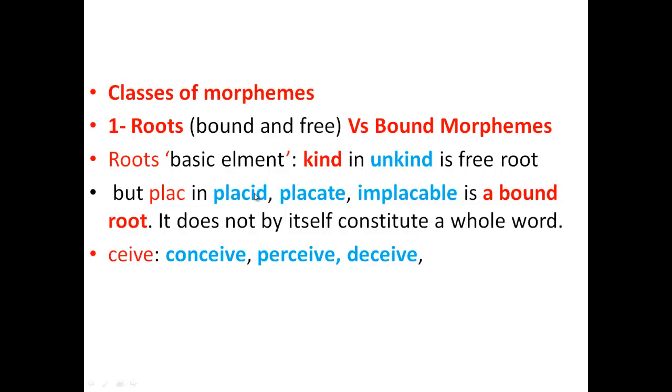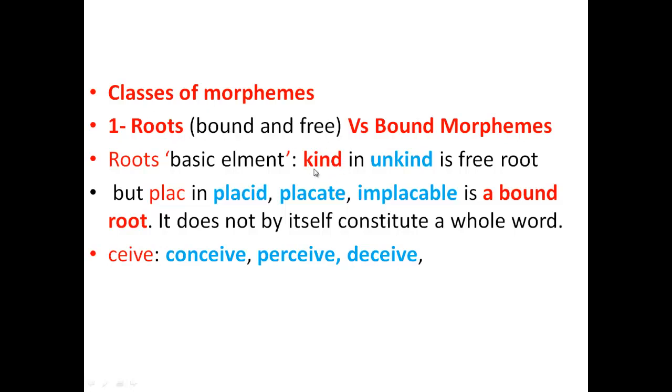But what about placid, implacable? In all these, we have got the root plac here. But does it stand on its own? It cannot form a word by itself. Therefore, it's not free, it's a bound root here. So within the category of roots, we can identify bound roots and free roots.